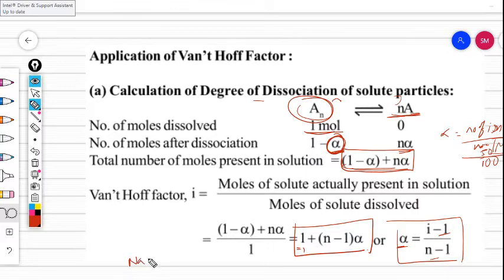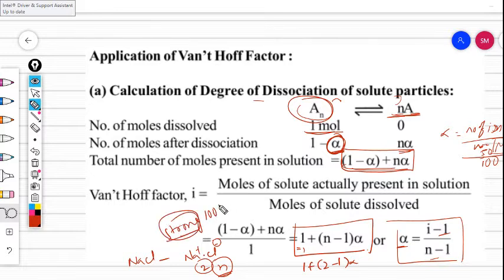For example, if I take sodium chloride, it is going to become sodium plus and chloride minus, so the number of particles n will be 2. So i is 1 plus (2 minus 1) alpha. For strong electrolytes, dissociation will be 100%. What is meant by 100%?